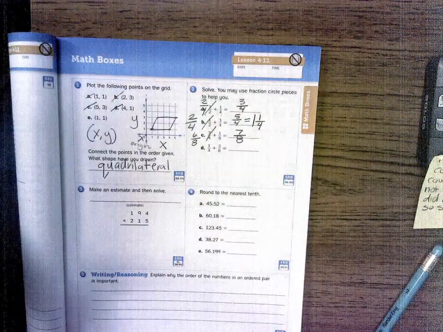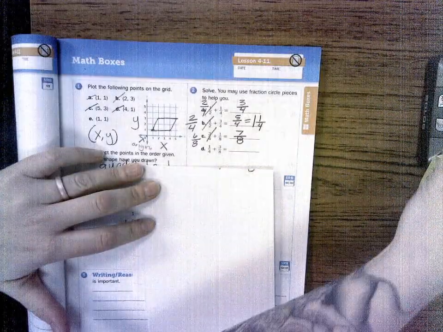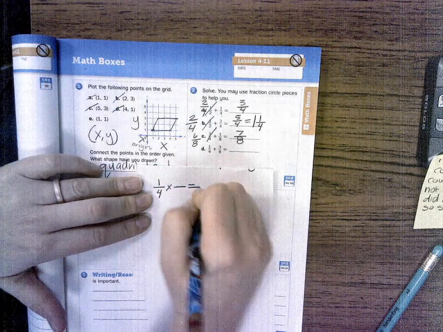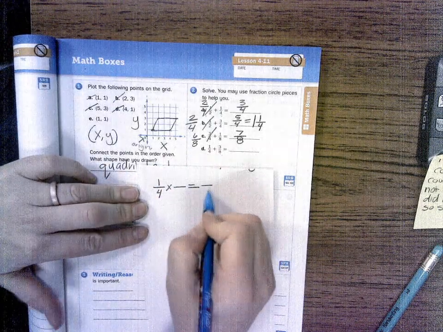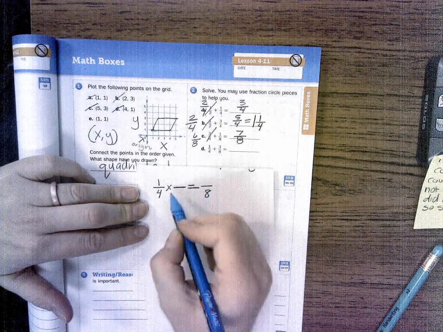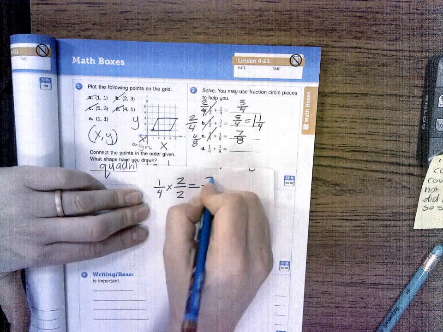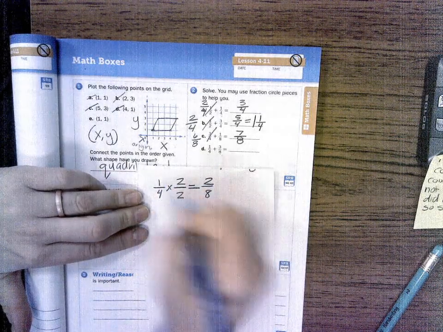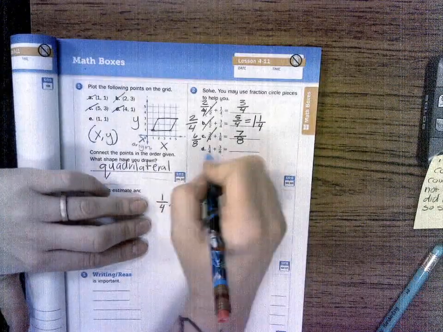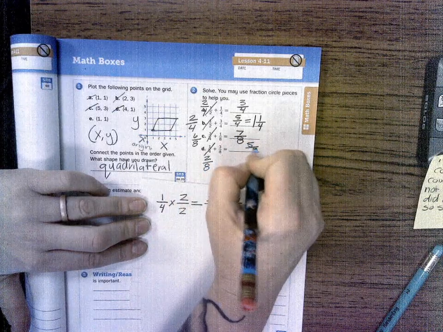So now I'm going to continue and multiply because I don't know what my equivalent fraction is for 1/4, but I do know I can figure that out. 1/4 times what gives me a denominator of 8? 2 times 4 is 8, and 2 times 1 is 2. So 1/4 is equivalent to 2/8. So 2/8 plus 3/8 is 5/8.